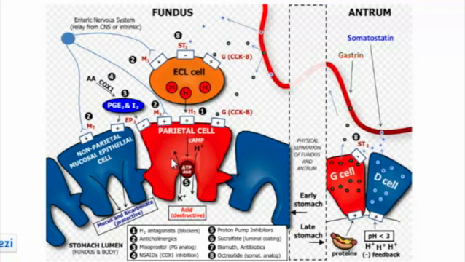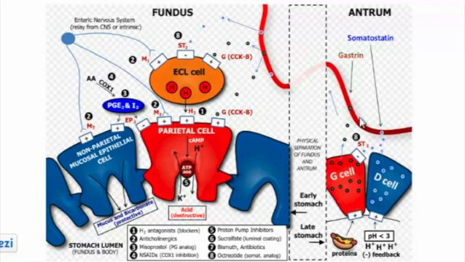Hydrochloric acid secretion is stimulated by acetylcholine released from the neurons of the vagus nerve, and also a secondary causative factor for stimulation is gastrin, which releases the hydrochloric acid when amino acids are present in the stomach or due to distension of the stomach due to consuming food.